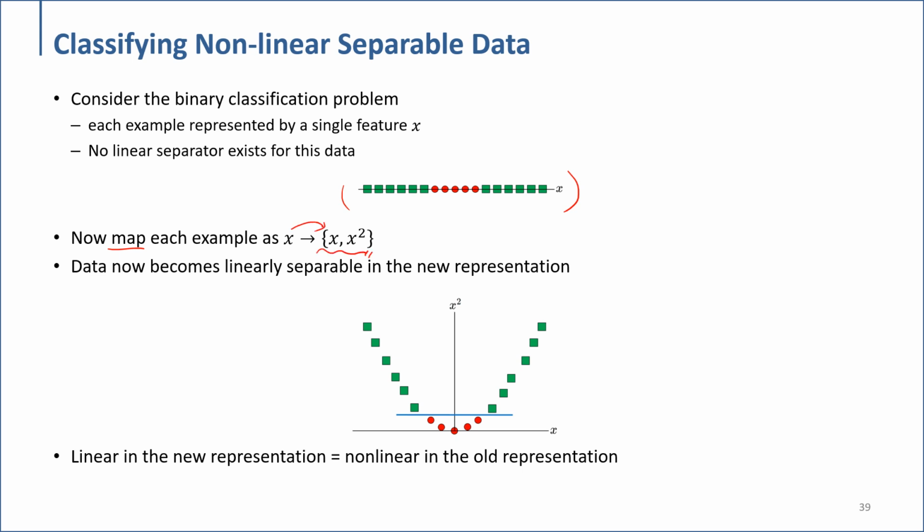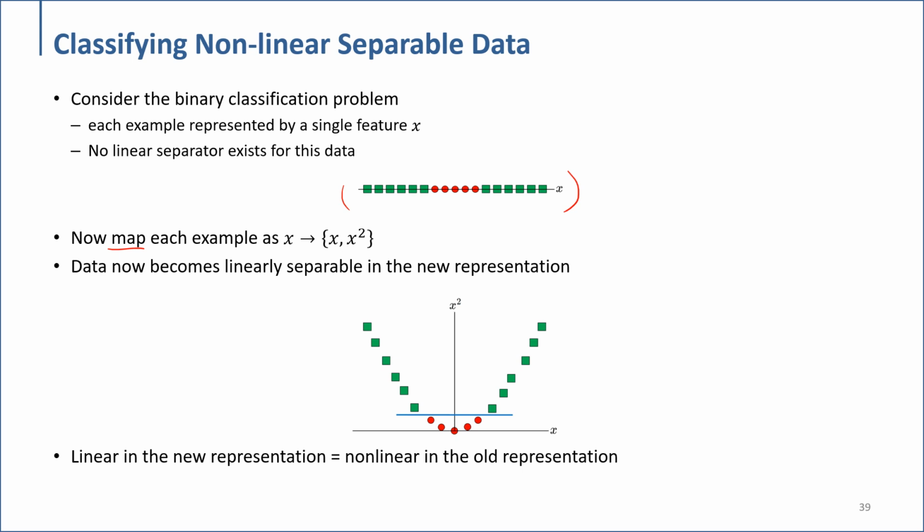By adding an additional coordinate, we don't require additional information. Instead, let's just add an additional feature, that is x squared. By doing so, data now becomes linearly separable in the new representation, like this.